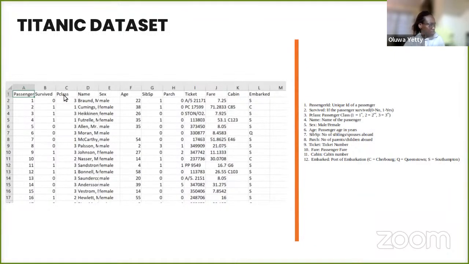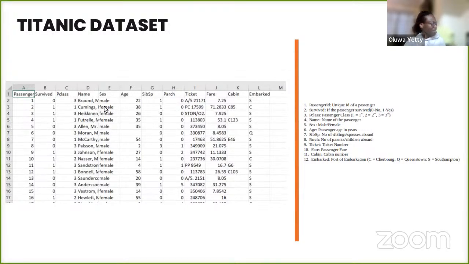The passenger class is first class, second class, third class, basically how rich you are and what spots on the ship you can afford. Then the name, the gender, the age, and how many siblings they have. Parch is the number of parents or children that were aboard with them, then the ticket number, how much they paid, the cabin number they have, and where they boarded, the point at which they boarded the ship.